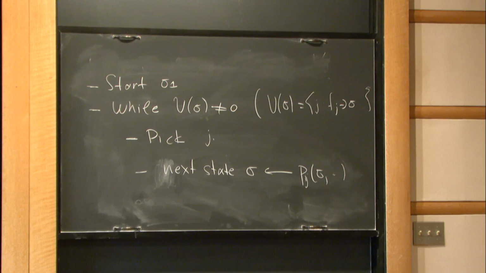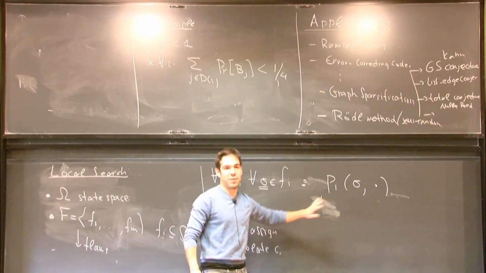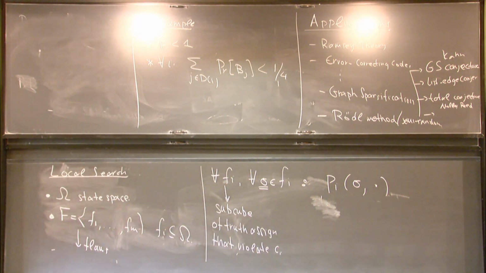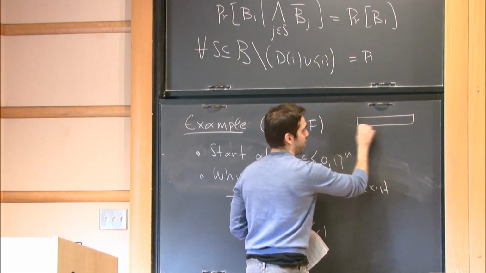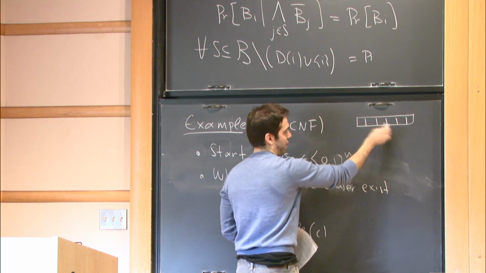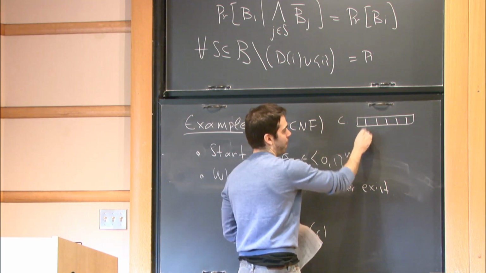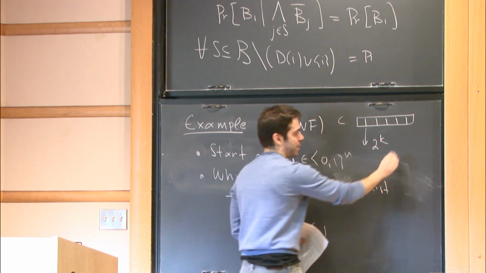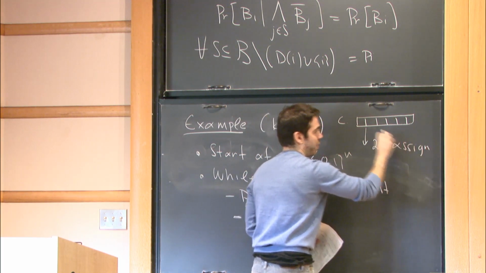pick one, say C, and then resample C. So resample is an instantiation of this probability distribution. In this case, if this is your clause and its variables, there are 2 to the k possible assignments to the variables of the clause.